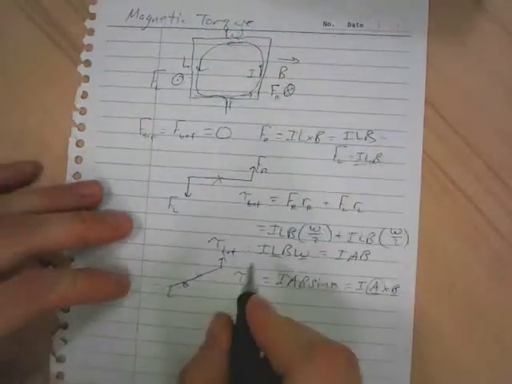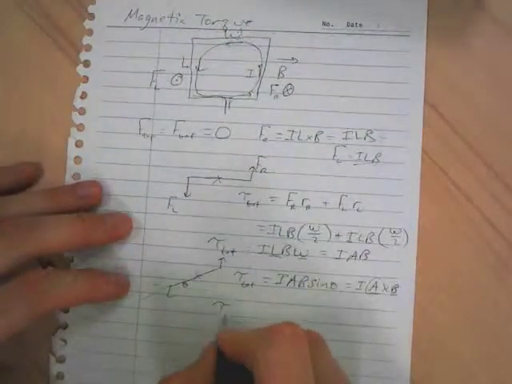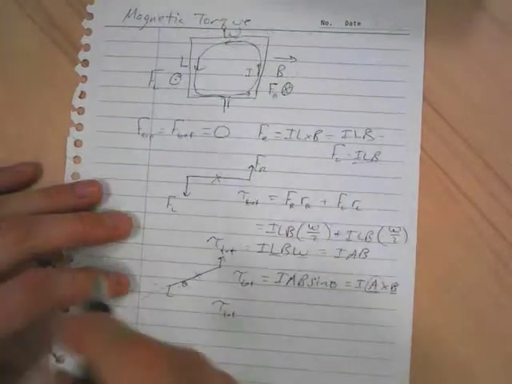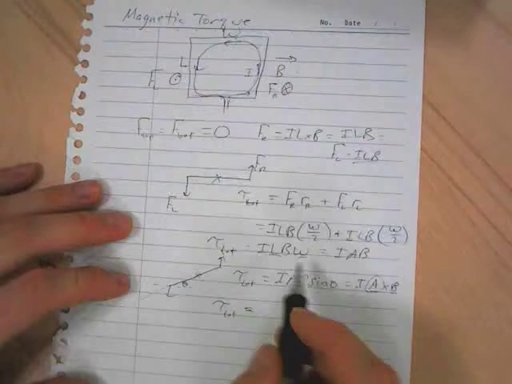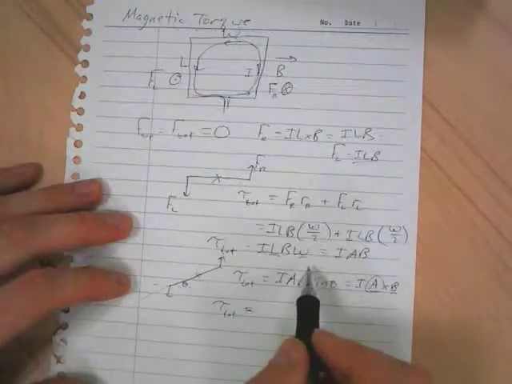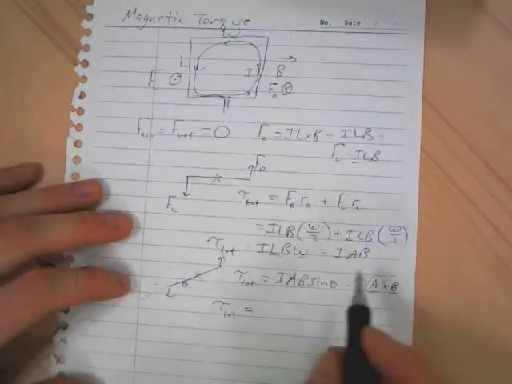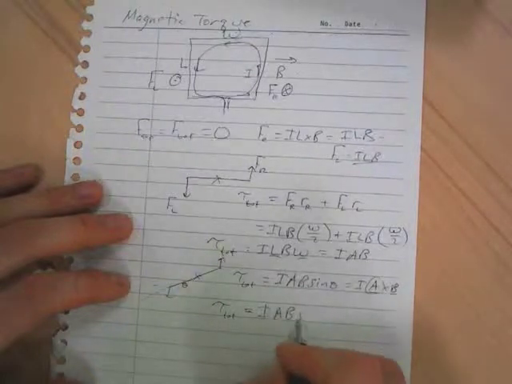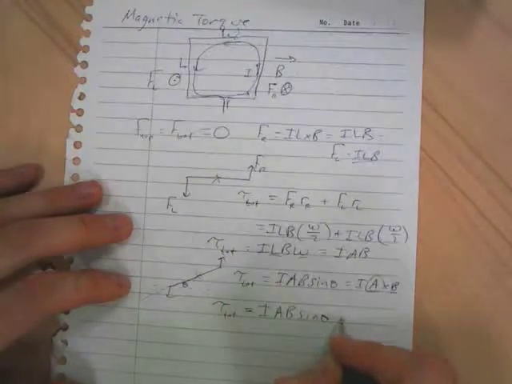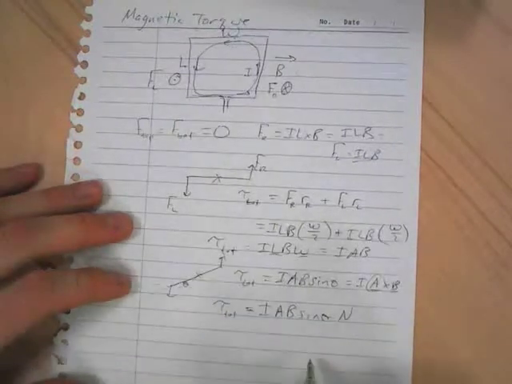So in general, if you have n loops, then the total torque acting is just the torque that we got already times n, which would be IAB sine theta times n, the number of windings.